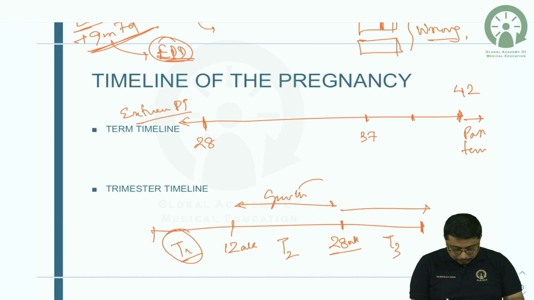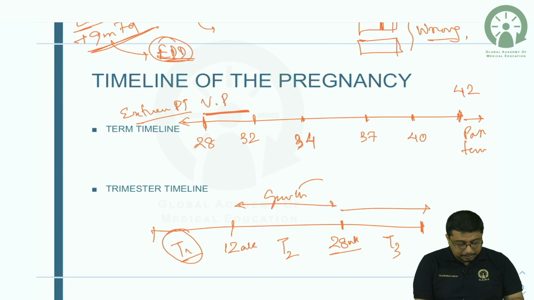Okay, so here is one more mark I am putting, 40. And here I'm putting one more point, 34, and here I'm putting 32. So 28 to 32 is called very preterm.